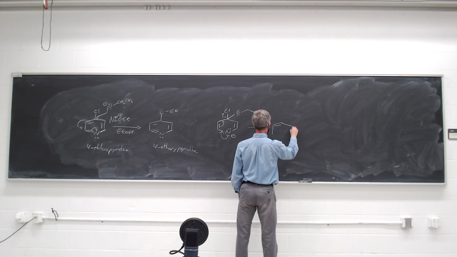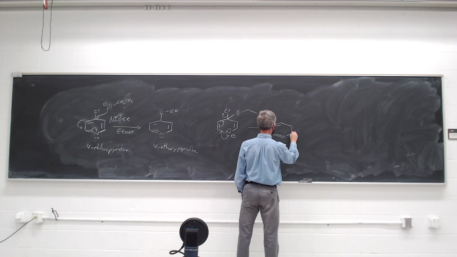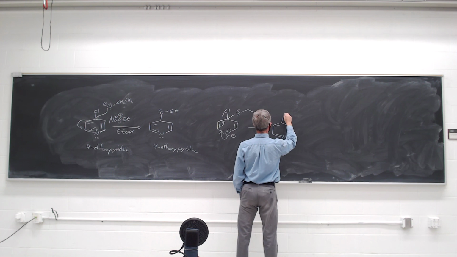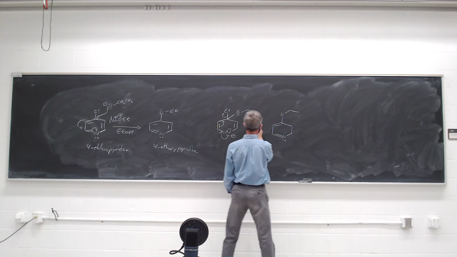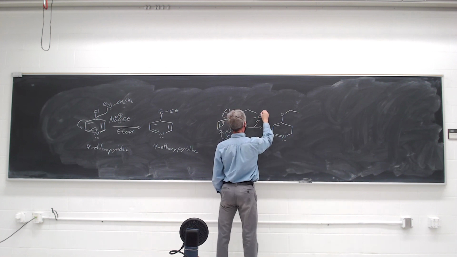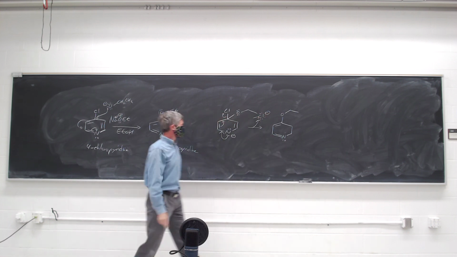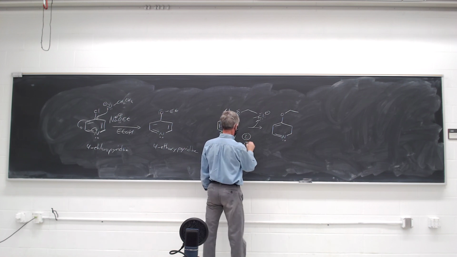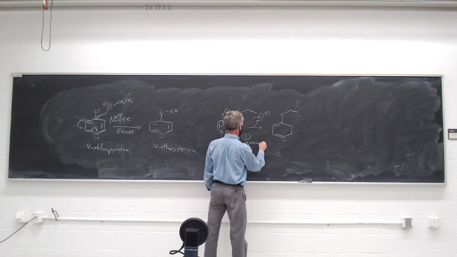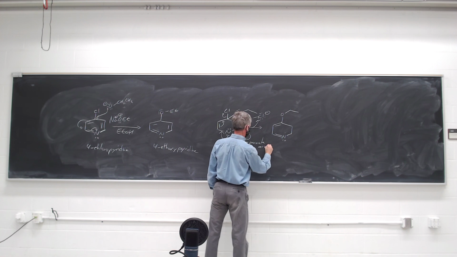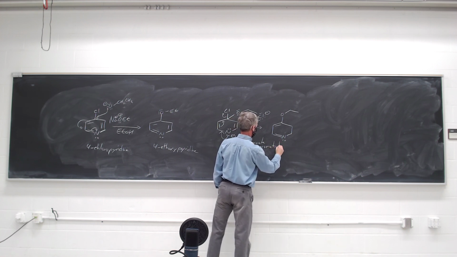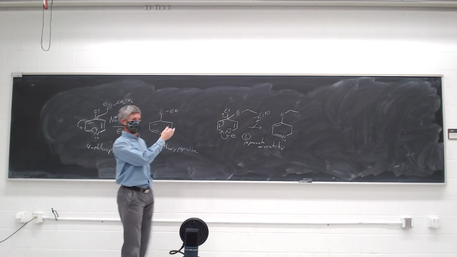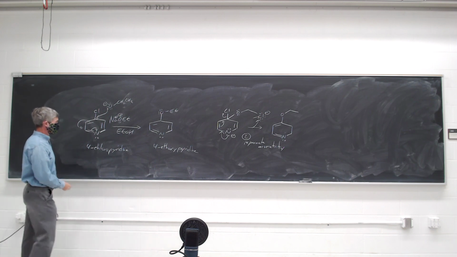to reform the aromaticity. So the second step is favorable on this reaction for the same reason that it's favorable in electrophilic aromatic substitution, because we regenerate the aromaticity, or we restore the aromaticity of the ring in the second step.